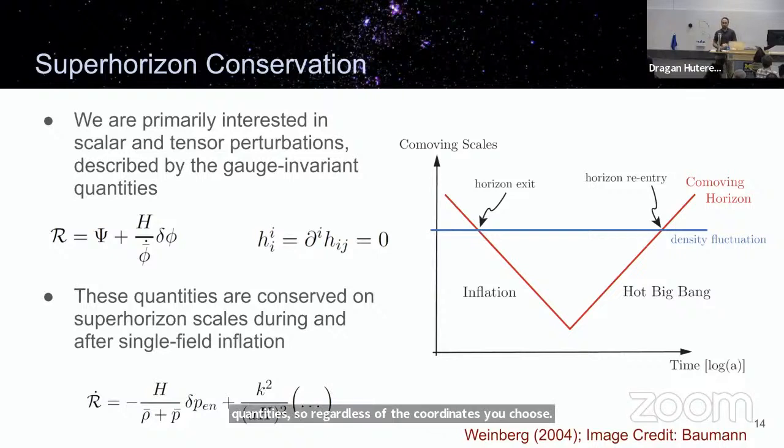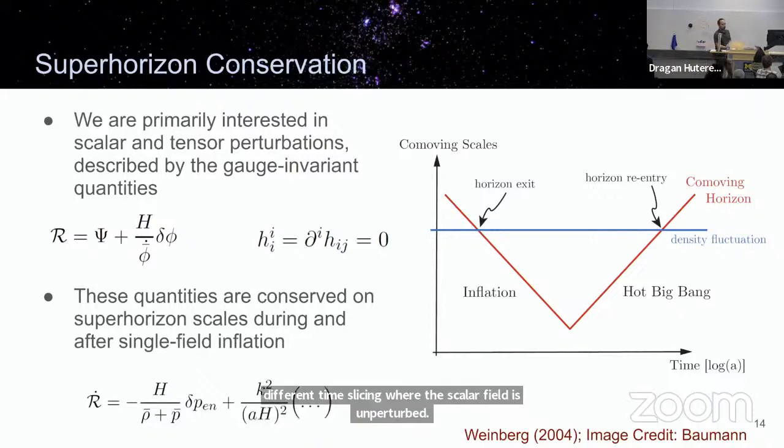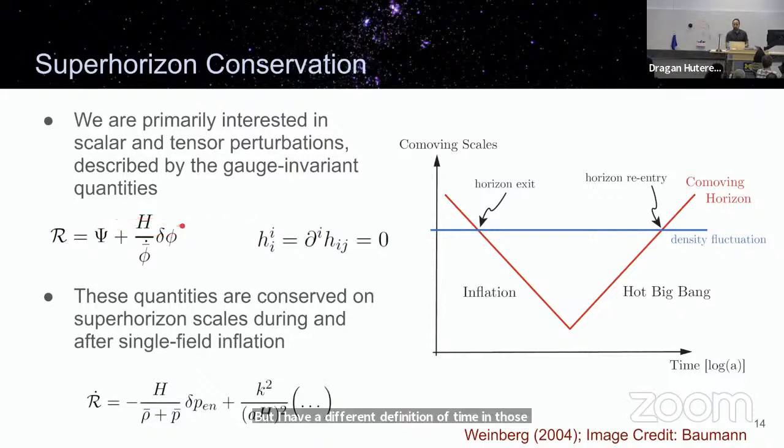That is not true if I'm talking about perturbations to the scalar field itself, because I can always choose a different time slicing where the scalar field is unperturbed, but I have a different definition of time in those coordinates. And so these gauge invariant quantities are a combination of that perturbation to the scalar field and the curvature, the perturbation to the metric. And then things are actually a little bit simpler for the tensors because there's really only one definition of the transverse traceless deviation from uniformity for the spatial part of the metric.